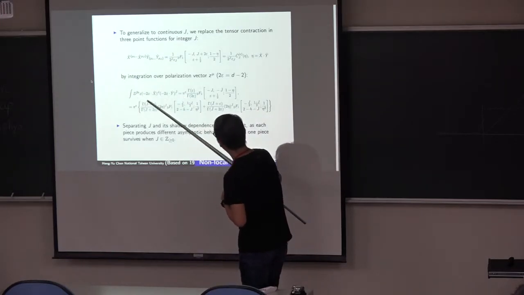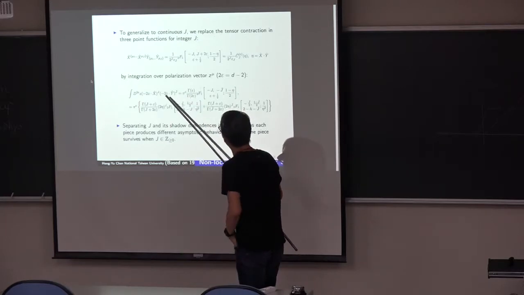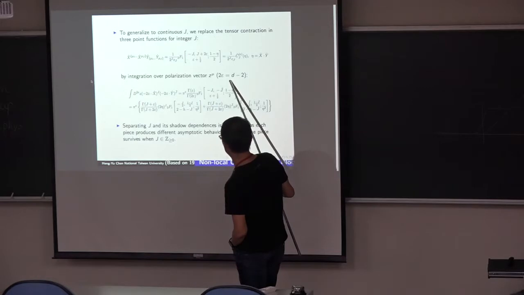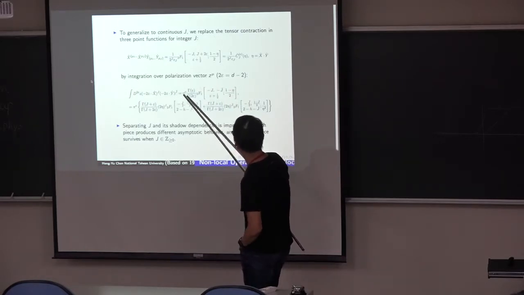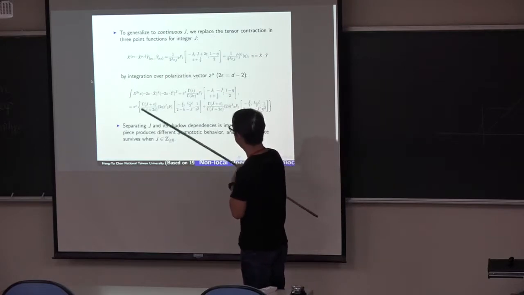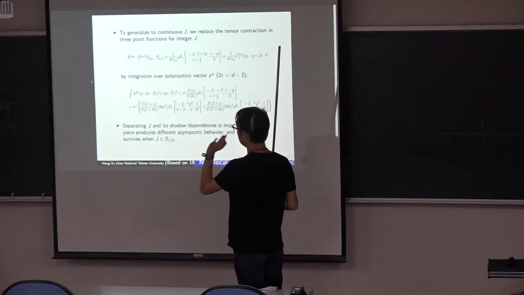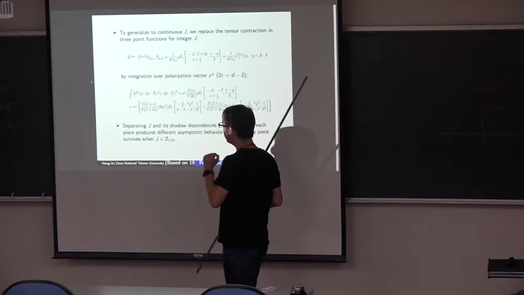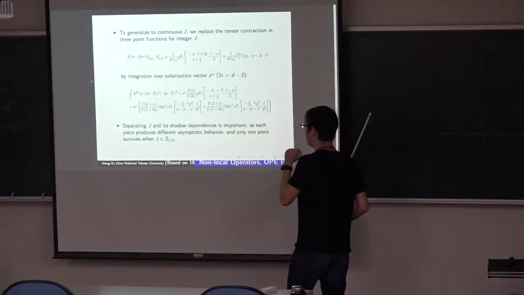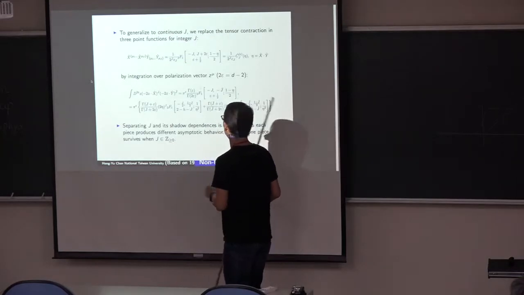Another way to view this choice of spin, the J minus here, I didn't say that, but it's D minus 2 minus J, is such that this integral, when you view it in the Z variable, is also a conformal integral in D minus 2 dimensions.